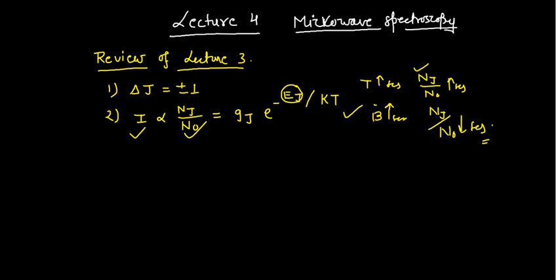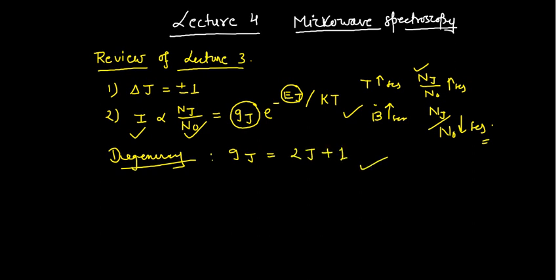The last thing which we are left with is Gj. Gj is your degeneracy, and if you can recall, I gave you the formula for Gj, that was 2J plus 1, and I discussed a few things about that.